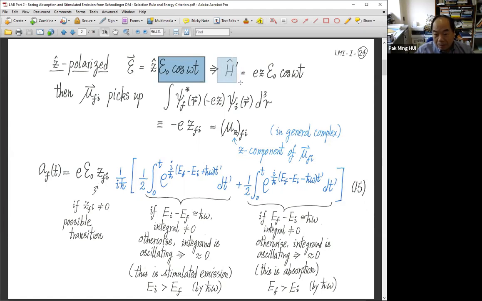The perturbation, therefore, the dot product, will take up the Z coordinate of the electron in the atom. So I have the nucleus, the electron has some coordinate. If it is Z linearly polarized, I only pick up the Z coordinate of the electron. The dot product comes out, you dot Z, so you pick up R dot the unit vector Z, you pick up the Z, right? So the spatial integral becomes the Z component of the electric dipole moment.